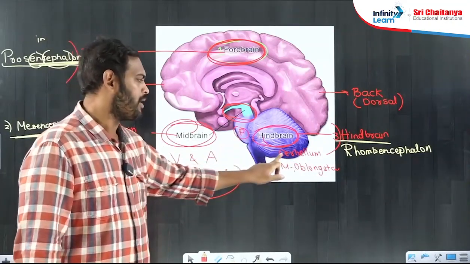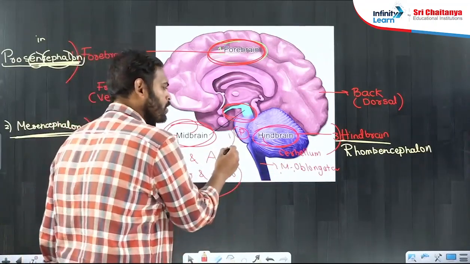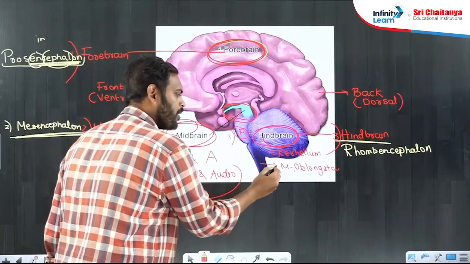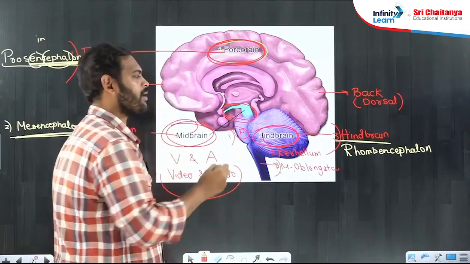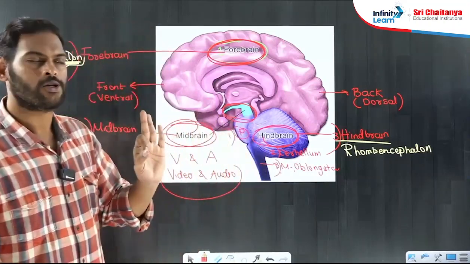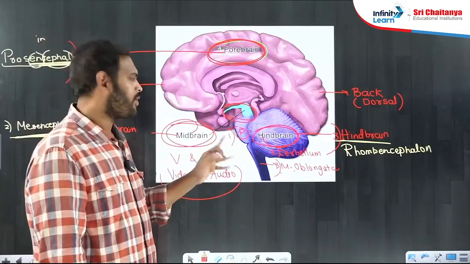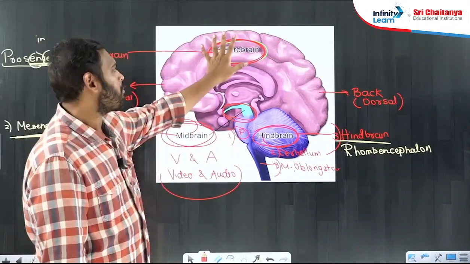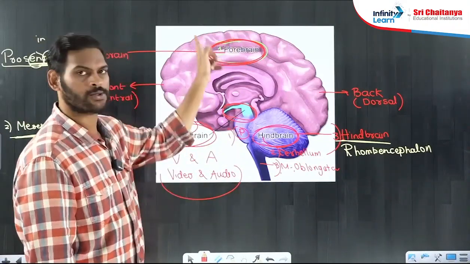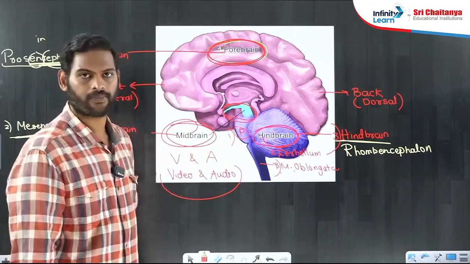So the pons is responsible for passage, or it acts as a bridge between the main brain part and other neurons. And the pons also controls respiration.